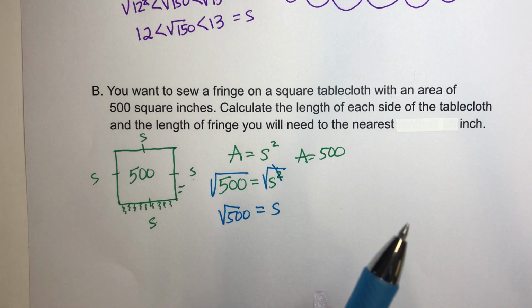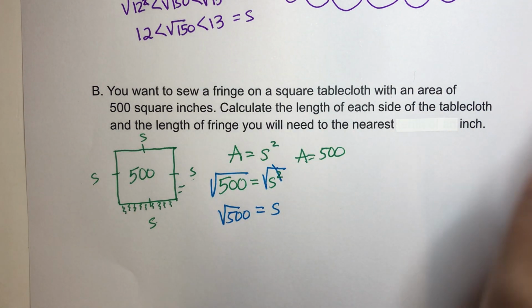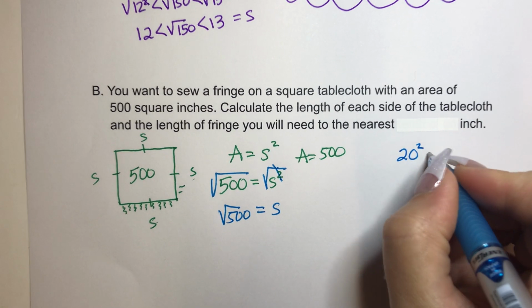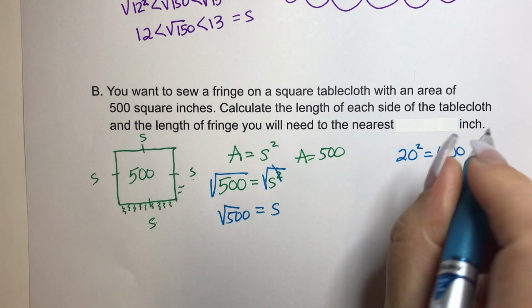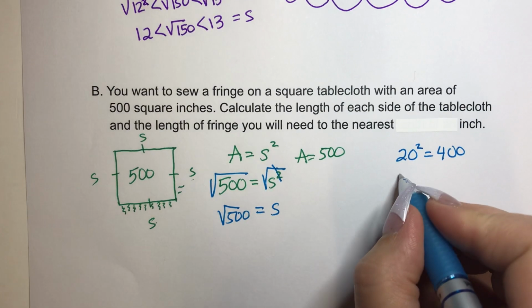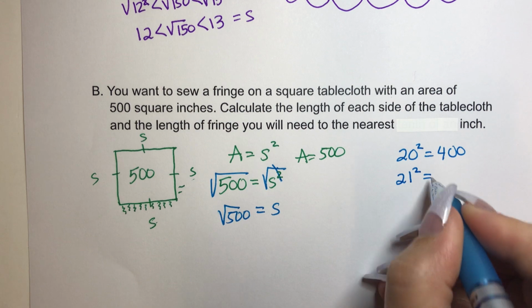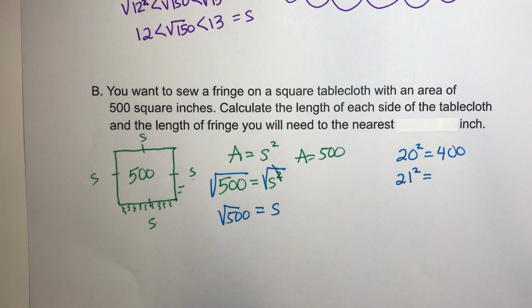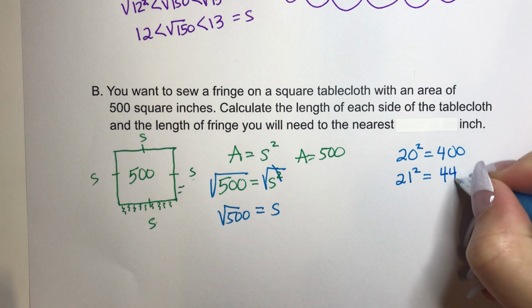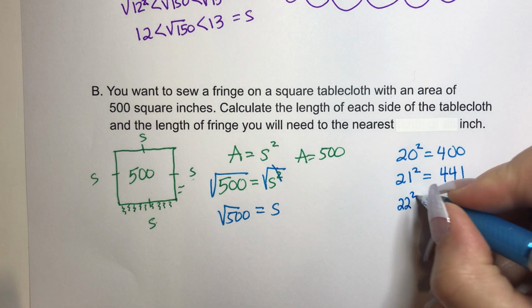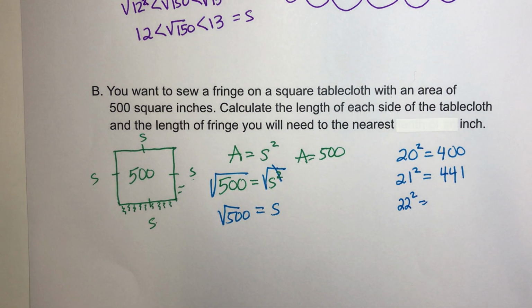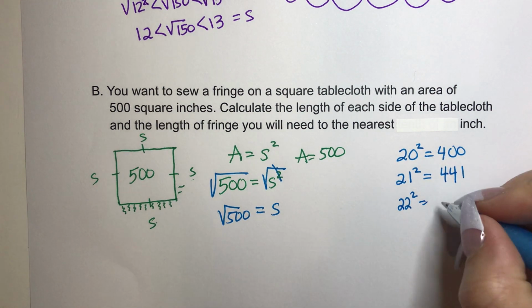And now we just need to come up with an estimate for the square root of 500. Now, when we did this before, we went to 20 squared, which was 400, but we need to go higher, right? So 21 squared would be 441. Then we need to do 22 squared, which is 484.